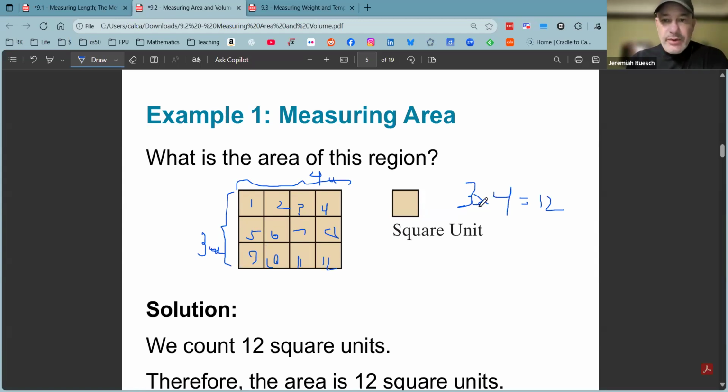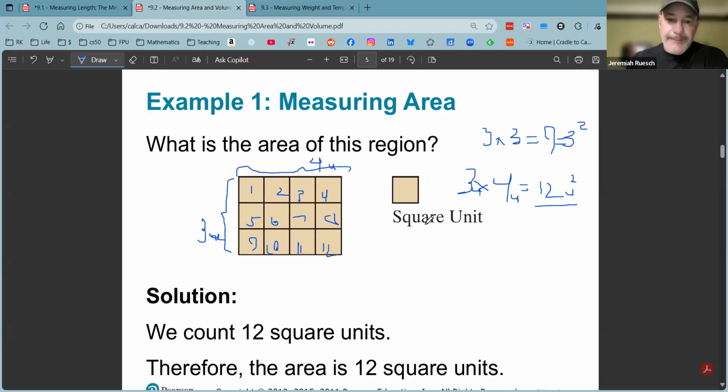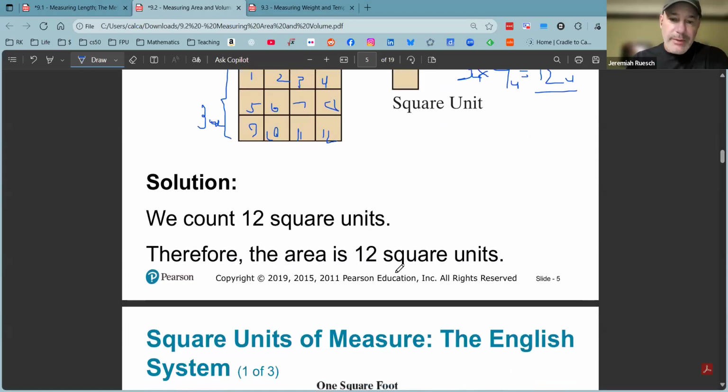And so it's not just 3 times 4, it's actually 3U times 4U. In other words, the units are being measured. And so you get U times U, and if you have the same number like 3 times 3 is equal to 9, that's a perfect square, which is the same thing as 3 squared. And so U times U gives me that this is 12 square units. This is read 12 square units, okay? Which is what we're talking about here.